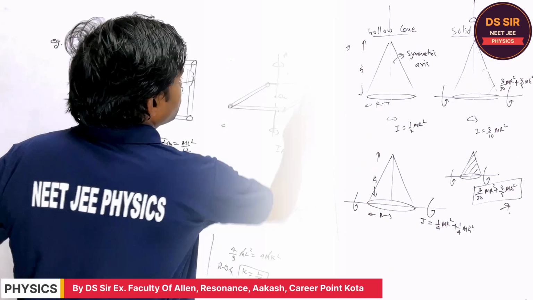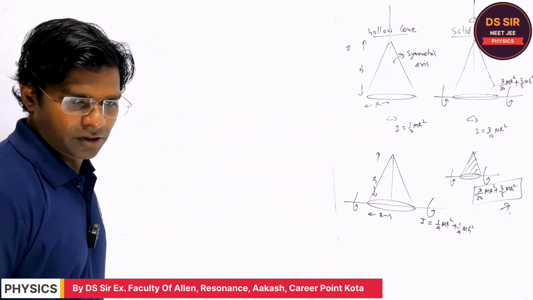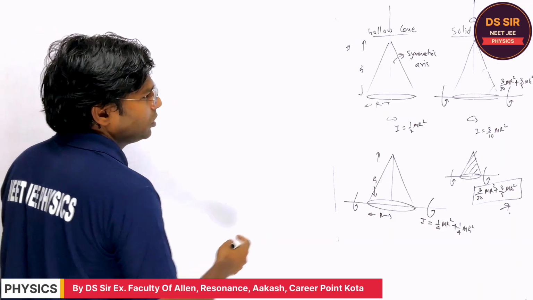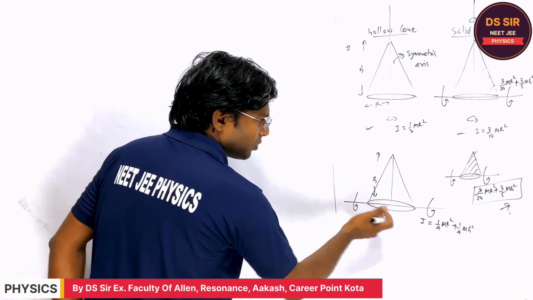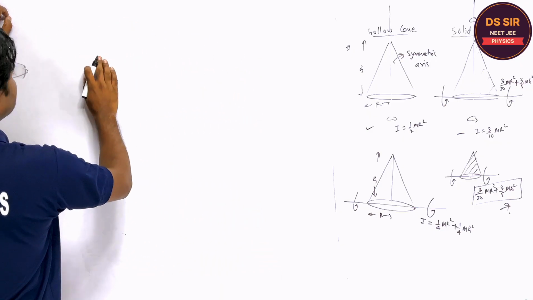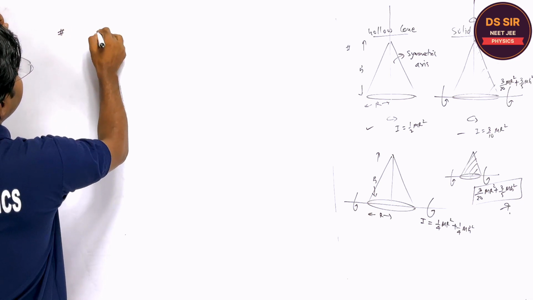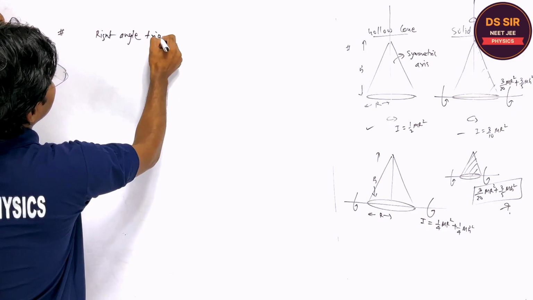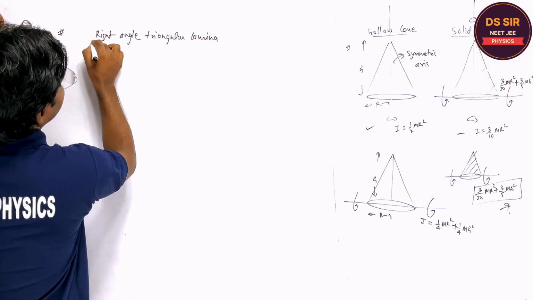Copy this. So this is the one more question. You have to remember one more point for the hollow cone and the solid cone. Although generally this moment of inertia is asked, but I have also written about the diameter. One more thing, that is triangular right angle triangular lamina.